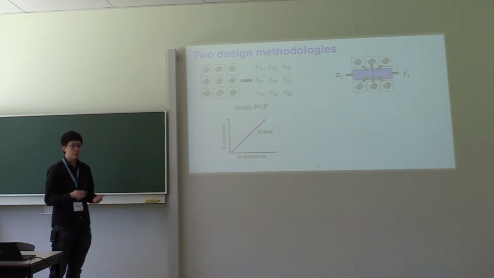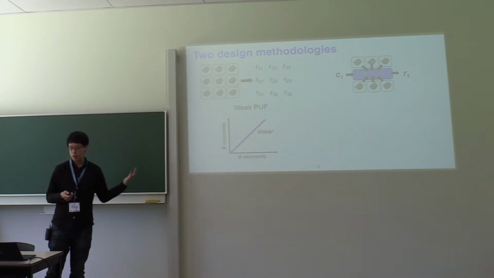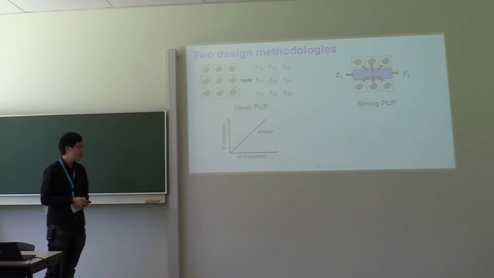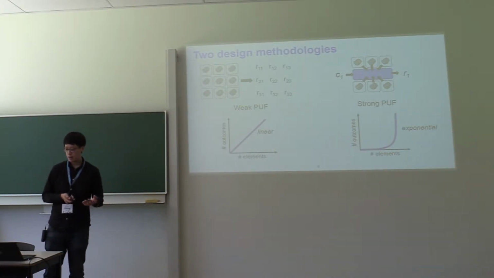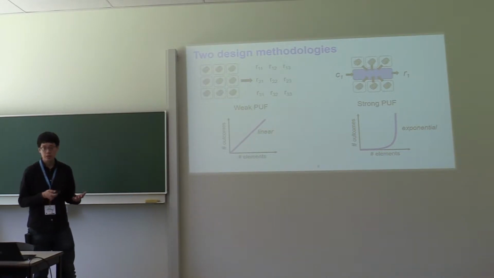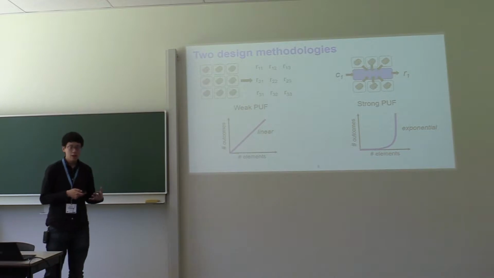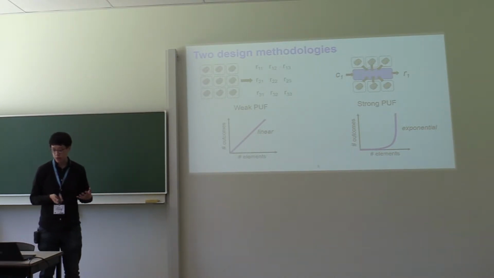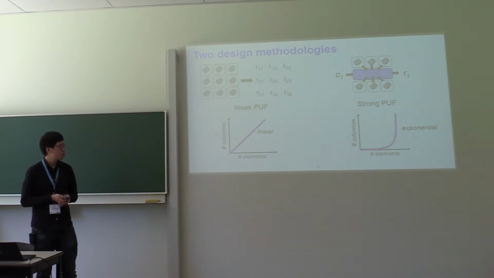It will produce a response corresponding to all these variations and also to the input. We call it a strong PUF because the number of outcomes scales exponentially with the number of elements, because we can have a lot of inputs. This will become clearer in the later examples.